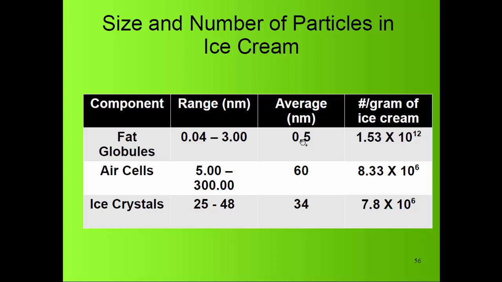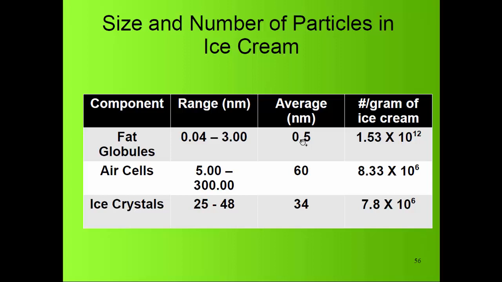So the size and number of particles in ice cream, if we look at, for instance, fat globules, the average is about 0.5 nanometers. So a nanometer is 10 to the minus 9 meters. And the air cells, they're much bigger, right? So they're almost 100 times bigger, or I'm sorry, the air cells average about 60 nanometers. And the ice crystals can range from 25 to 48.